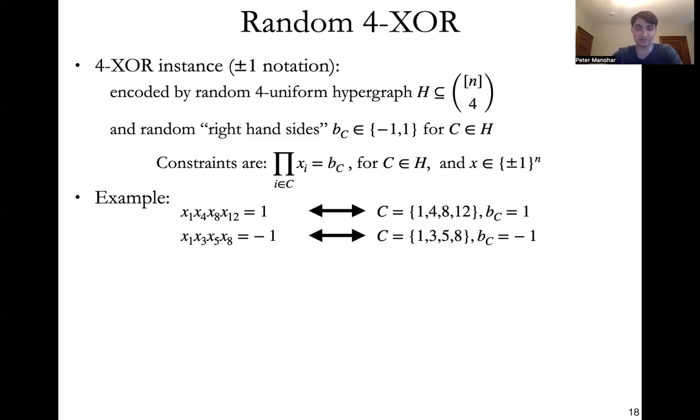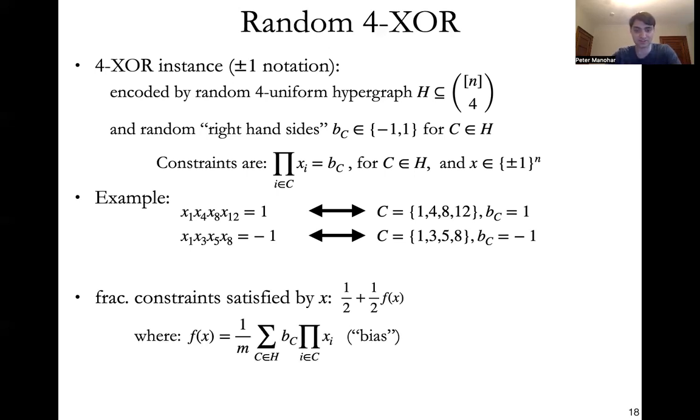And here's another example. So how do we analyze this? Well, we first observe that the fraction of constraints satisfied by assignment x can be written as a half plus a half times f(x), where f(x) is the following bias polynomial. It's the average over the constraints of this inner term, b_C times the product over i in C of x_i, which you should notice is plus 1 when the constraint is satisfied and minus 1 when it is unsatisfied.